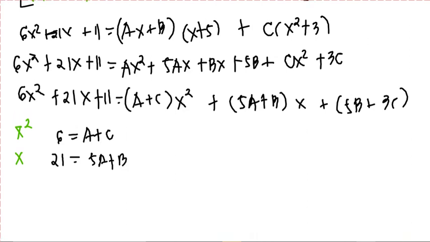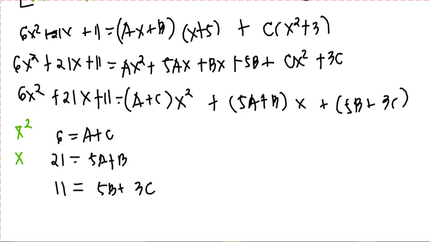And then para sa ating constant term, so we have 11 is equal to 5b plus 3c. So we're going to use the algebra natin nga knowledge to solve for the values of a, b, and c since we have three equations and three unknowns.